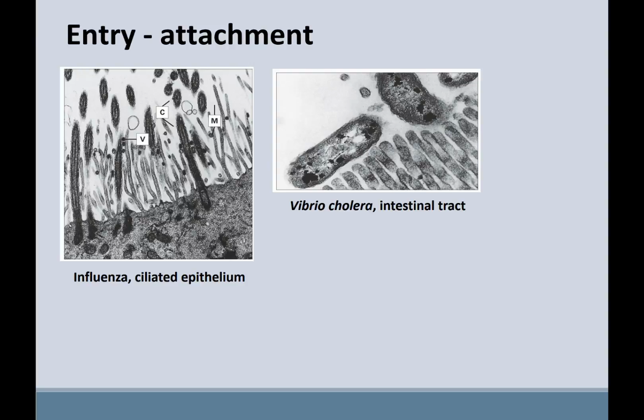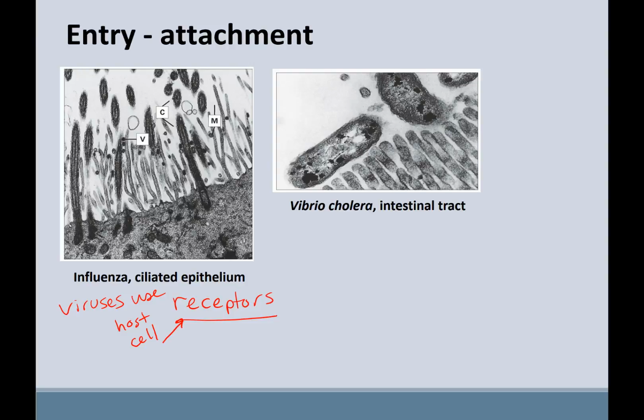Attachment. Some microorganisms actually have specific receptors that allow them to get in. They might be in your respiratory tract, but how do they get deeper? The two terms I want you to understand: viruses use host cell receptors.